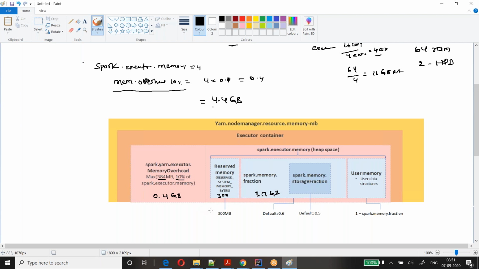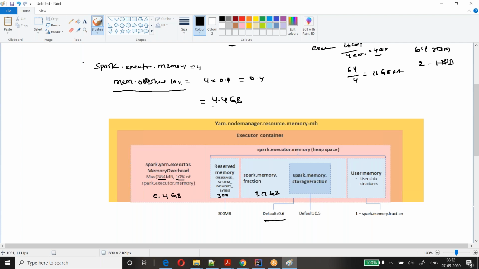This 3.7 GB will be divided into 2 categories, for execution and storage. If you look here, the default fraction is 0.6.